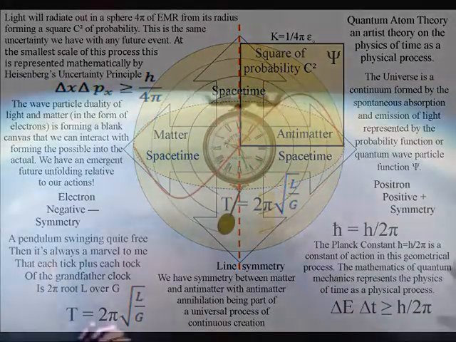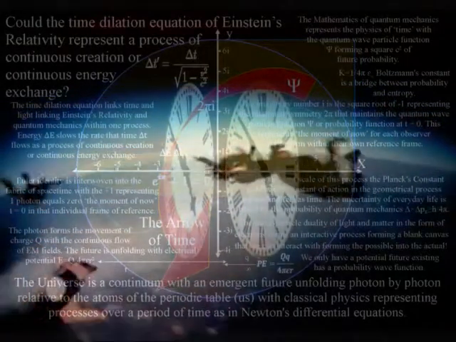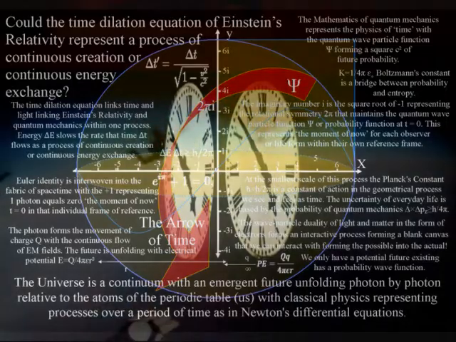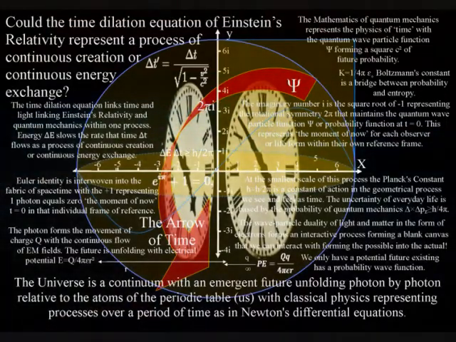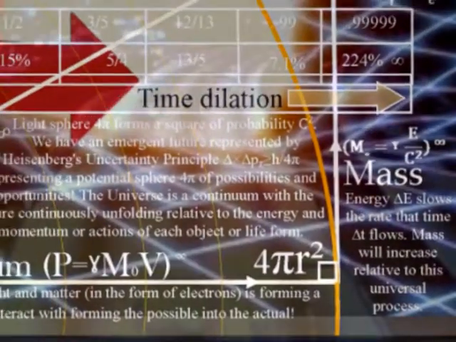Objects form their own time by slowing up the rate that time flows, relative to their energy and momentum. In this theory, mass is a byproduct of time dilation. When time slows down, it takes more effort to move an object from A to B, and this is seen as an increase in mass.